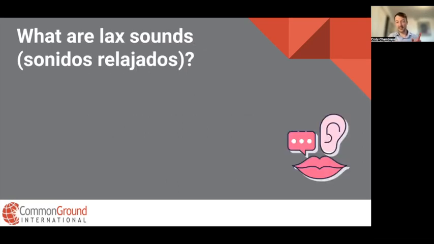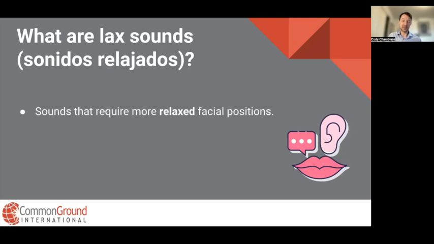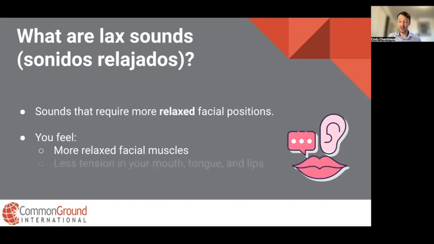What are lax sounds or sonidos relajados? Lax sounds are sounds that require a more relaxed facial position. You might feel more relaxed facial muscles and less tension in your mouth, tongue, and lips.